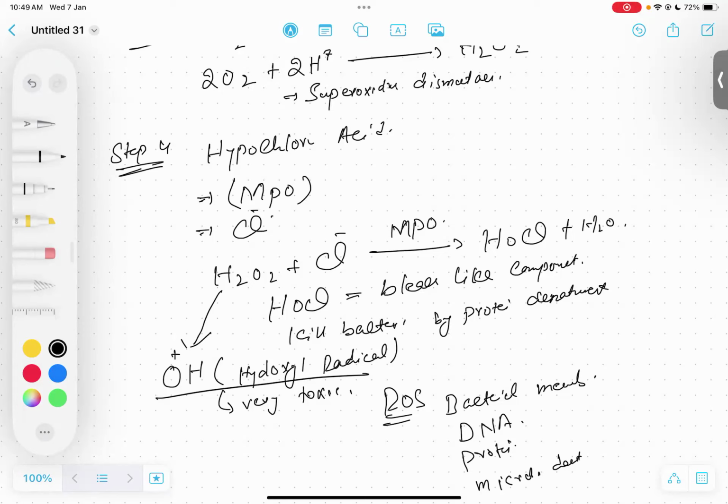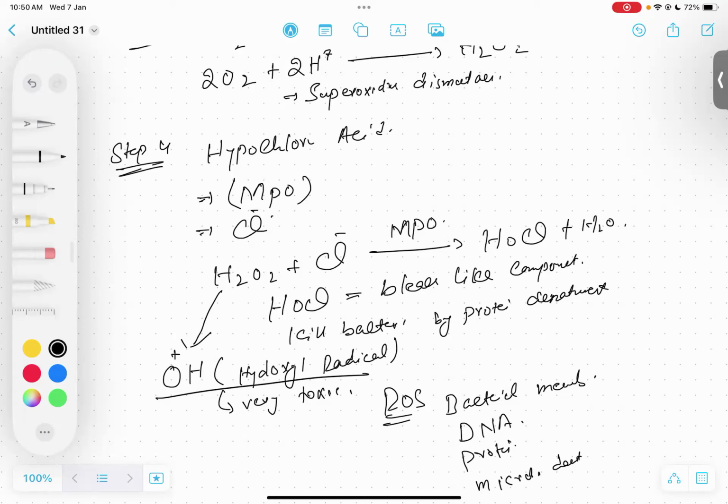So the killing is oxygen dependent versus oxygen independent killing. The oxygen dependent killing is the respiratory burst that uses reactive oxygen species and is the most prominent, most powerful, and it usually occurs in neutrophils, most commonly, macrophages and monocytes.